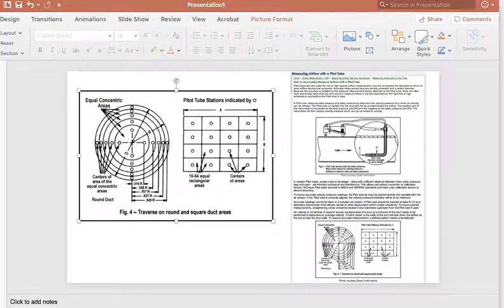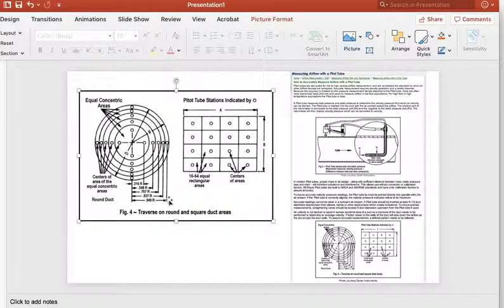Now, we've helped you out with a little bit. There's a JPEG that's on Blackboard along with the assignment where it'll tell you, for instance, that these are the 10 measuring points, the distances you have to be in from the side of the duct when you're measuring the velocity at 10 different points, either vertically and horizontally or horizontally, so you're measuring velocities at equal areas.